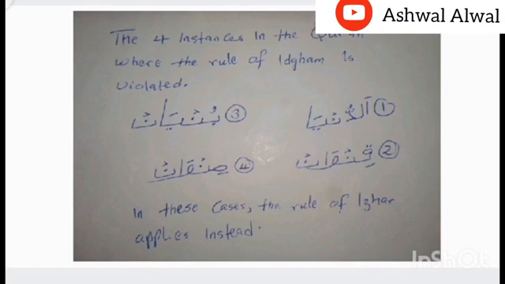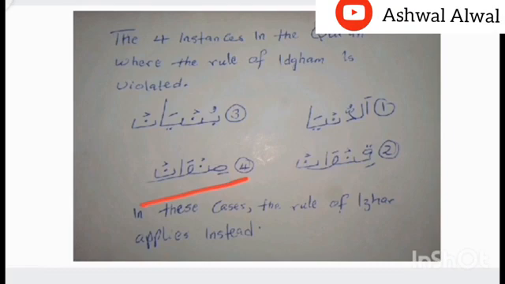Number 2, as you can see also, we have kinwan. Kinwan here we have nunus sakina, and then there is a waw coming after the nunus sakina. 3, we have bunyan. In bunyan, there is a nunus sakina and then a ya following it. Last one, we have sinwan.